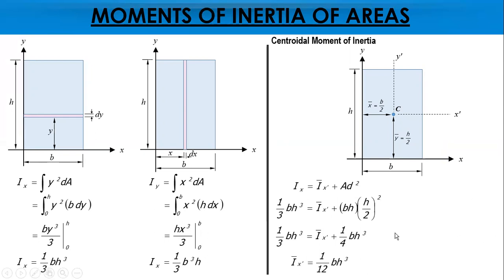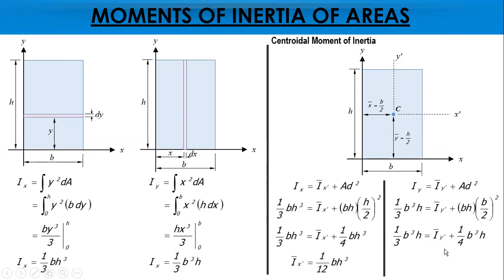Do the same for y. This Iy is 1/3 b cubed h. The d again is the distance between the centroidal y-axis and the arbitrary y-axis, and that is b over 2.